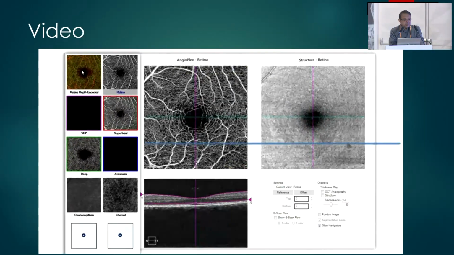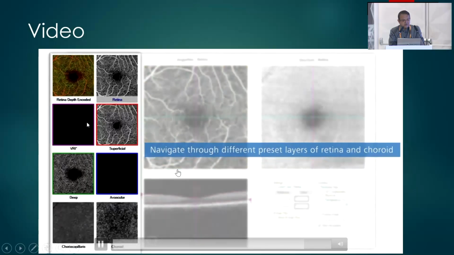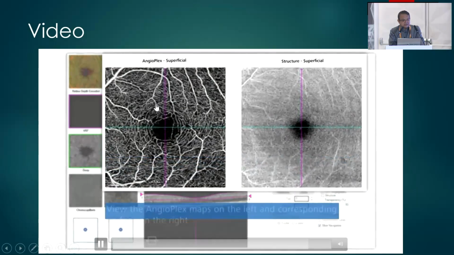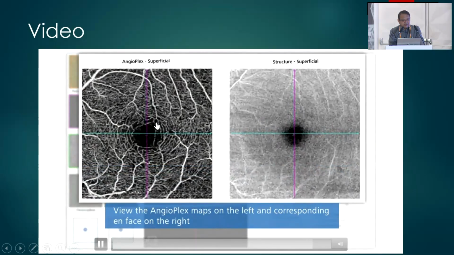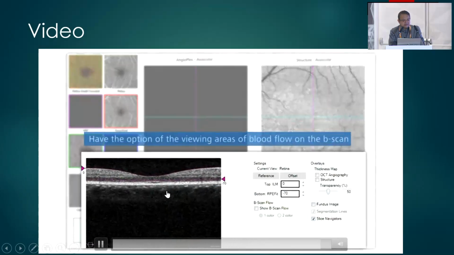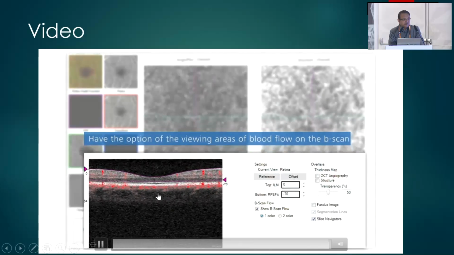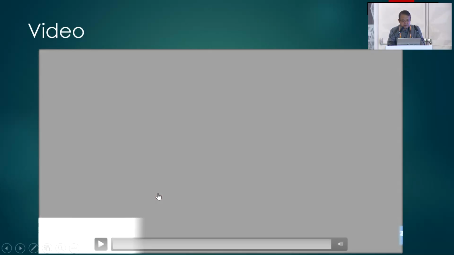This is the report and how it comes, and there are three pictures here at different slabs. This is the superficial layer, this is the en-face image, and this is the B scan picture, and these red dots are flow in the blood vessels.